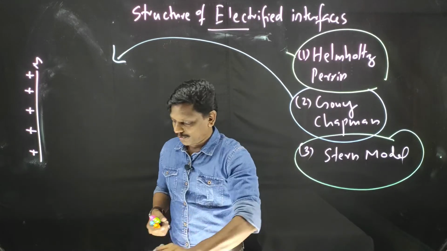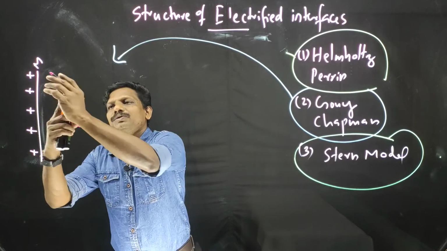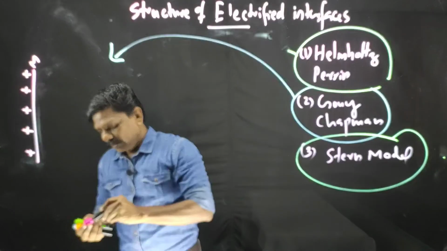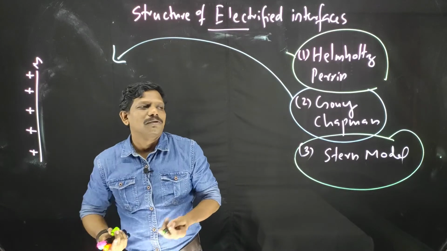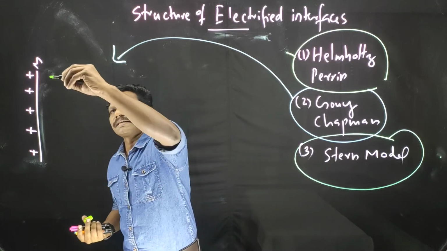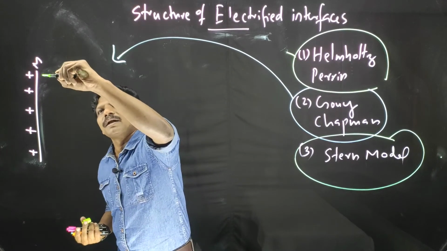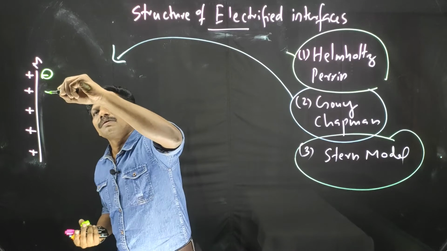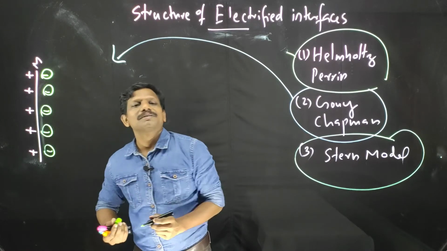That means the Stern model is telling that very close to the metal, there will be the possibility of some rigid structure. That is the Helmholtz-Perrin model actually. That means maybe very close to the metal, there will be some ions like this.